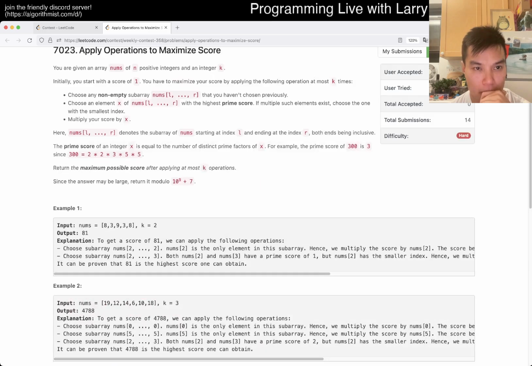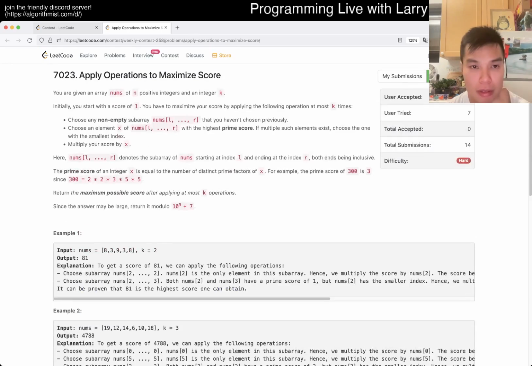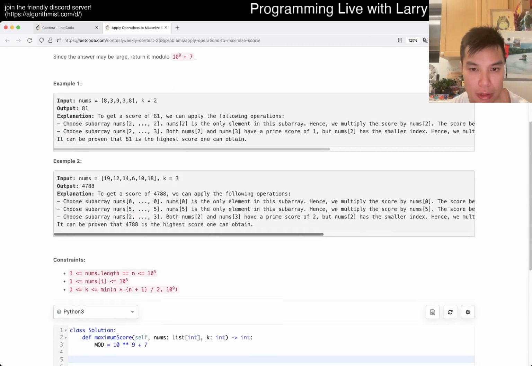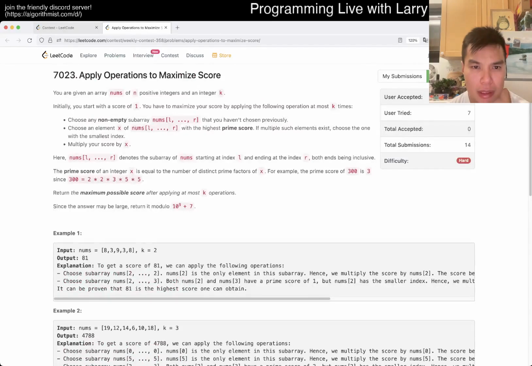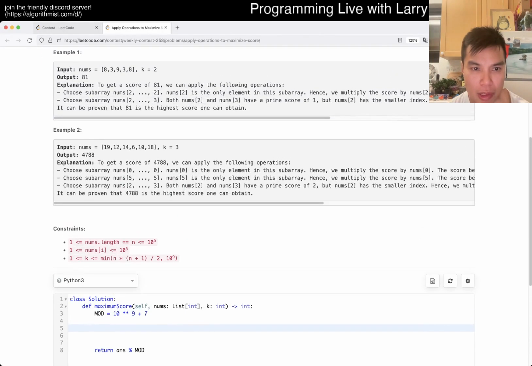So we multiply the score by x every time. Can we do greedy? Seems like it's just greedy, right? We just keep on getting max.